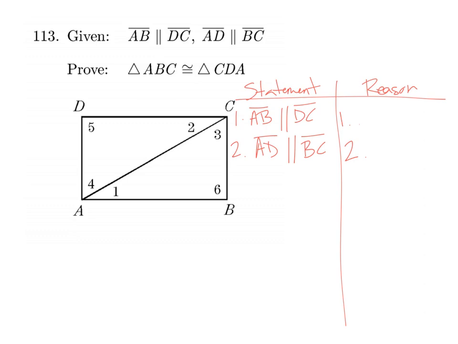All right, AB is parallel to DC. So that's given. And AD is parallel to BC. That's given.